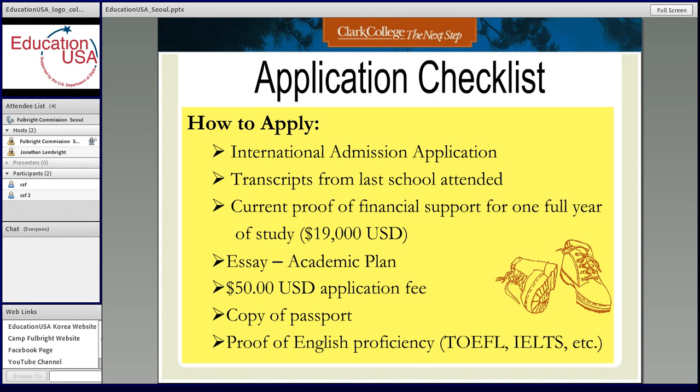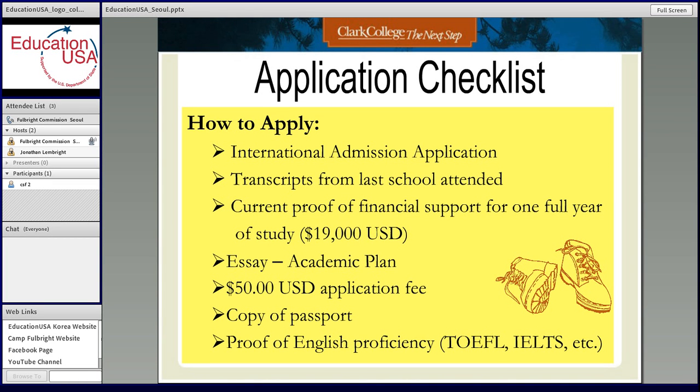Most institutions will be very transparent with their application checklist. This is something important to keep an eye out for, and one that you'll want to follow very carefully. I've given you the example here of the Clark College application checklist. What's required for how to apply is, of course, our international admission application.